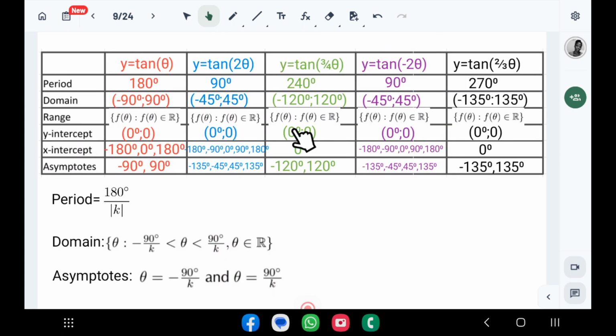So here, starting with the standard one, which was not necessarily included in the question, but we're going to draw it for reference purposes so you can see how the graph changes based on how the characteristics are affected by your k. So now the red graph will be y equals tan theta, the standard one, and then the blue one will be y equals tan 2 theta. The green one will be that, the purple one will be that, and the black one will be that.